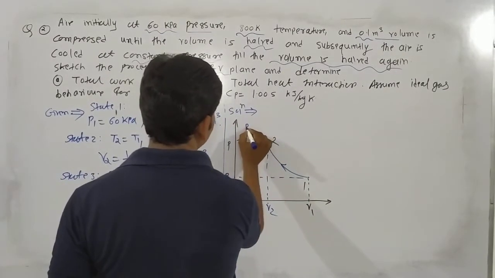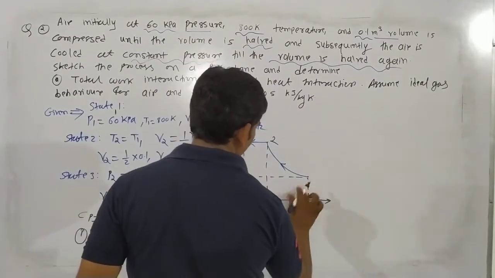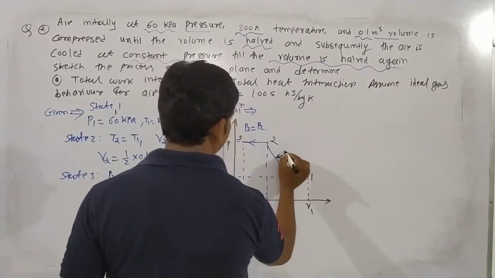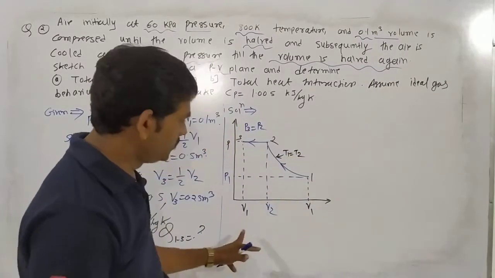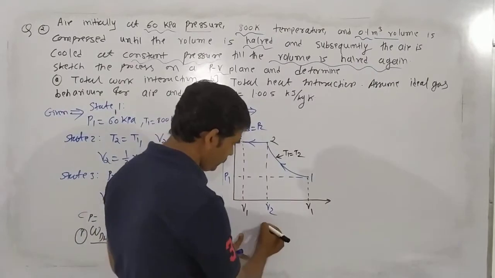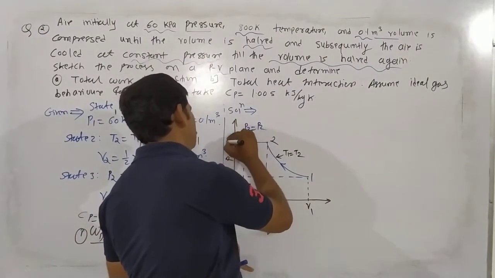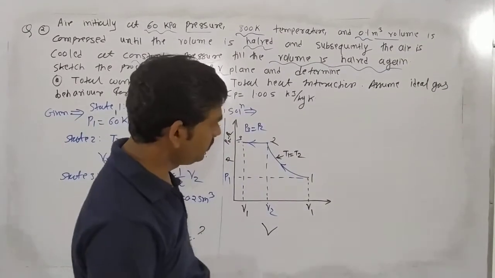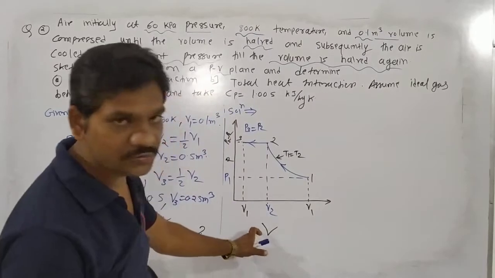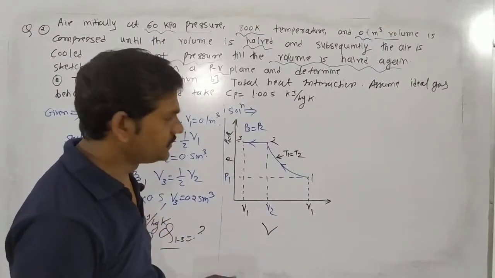Here is a constant pressure, P3 is equal to P2. Here the temperature T1 is equal to T2, guys. So I sketch the process here, pressure versus volume. You should also draw this in the exam while solving numericals.